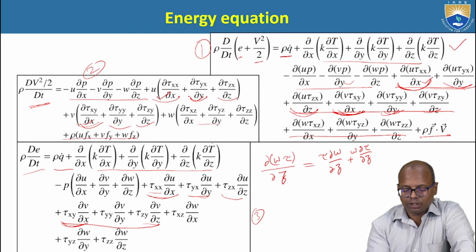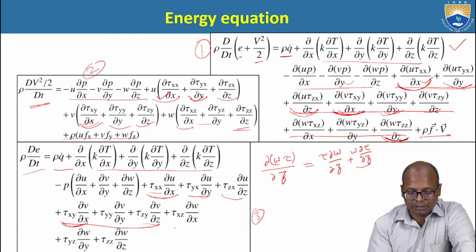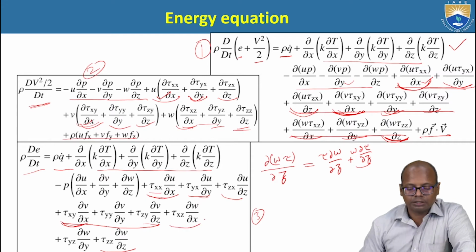If I subtract this one from this, I will get this term, and if I subtract this term from this, I will get this term. If I subtract this term and this one, I will get this term.